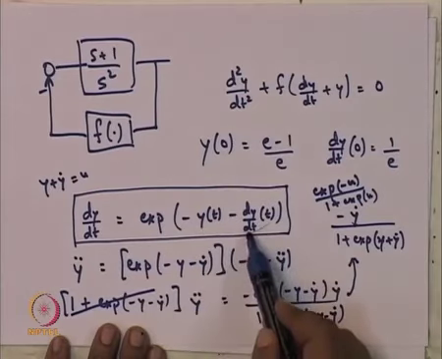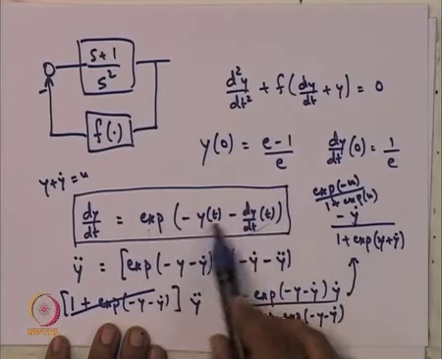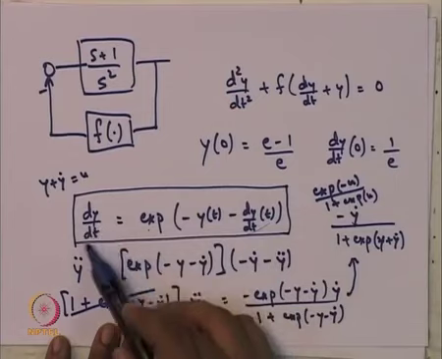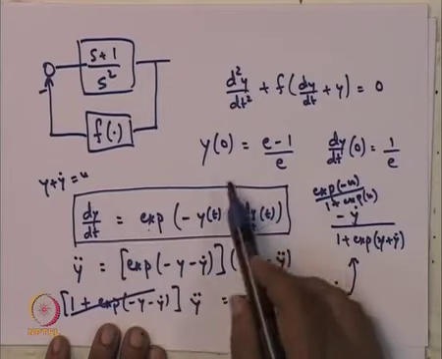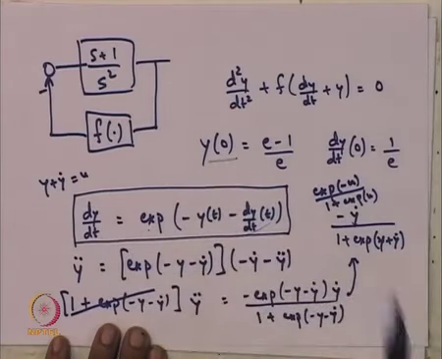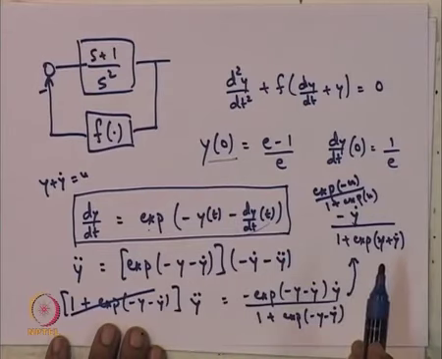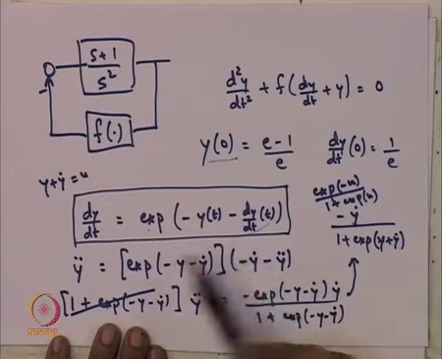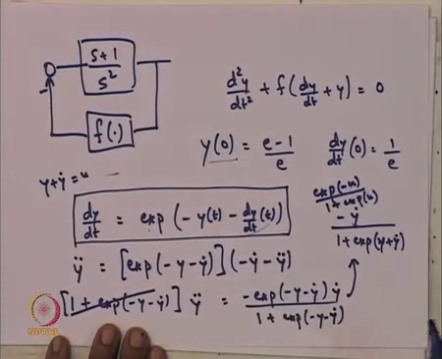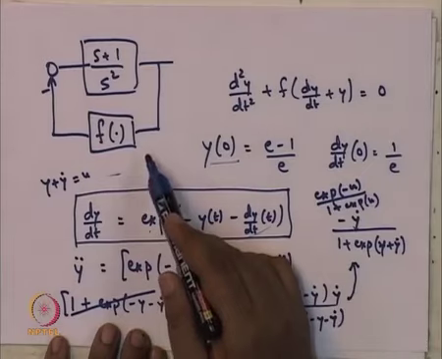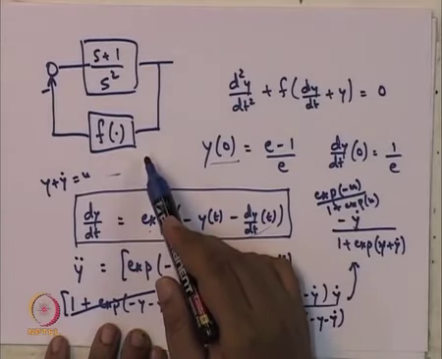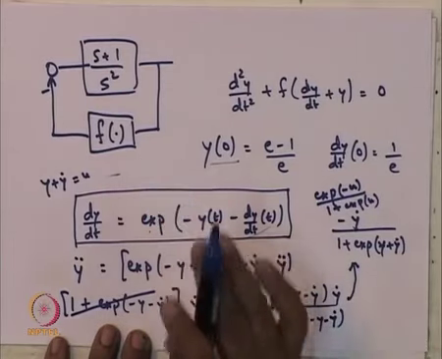So, y increases, dy/dt increases, and this is exponential. So, it will continue to have dy/dt positive, and therefore, y would continue to increase as time goes on, which essentially means that this system is not asymptotically stable. So, this particular example tells us that Aizermann's conjecture is wrong.